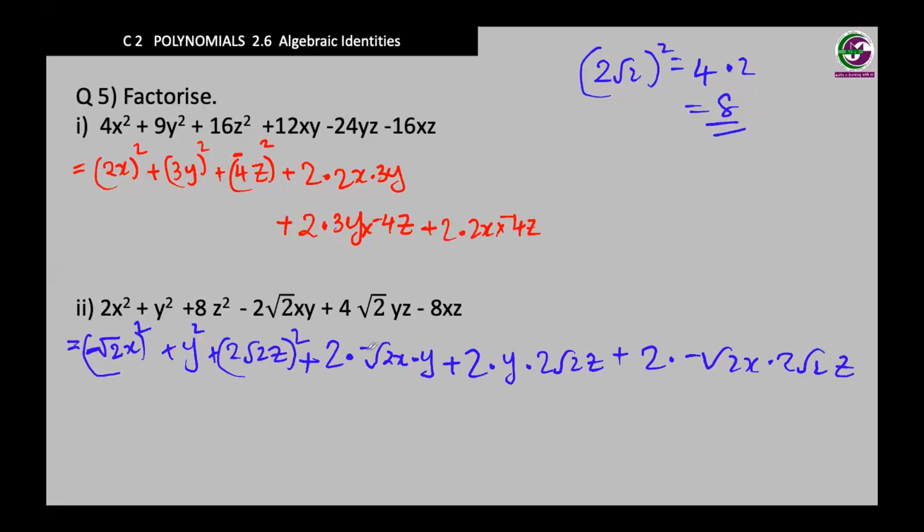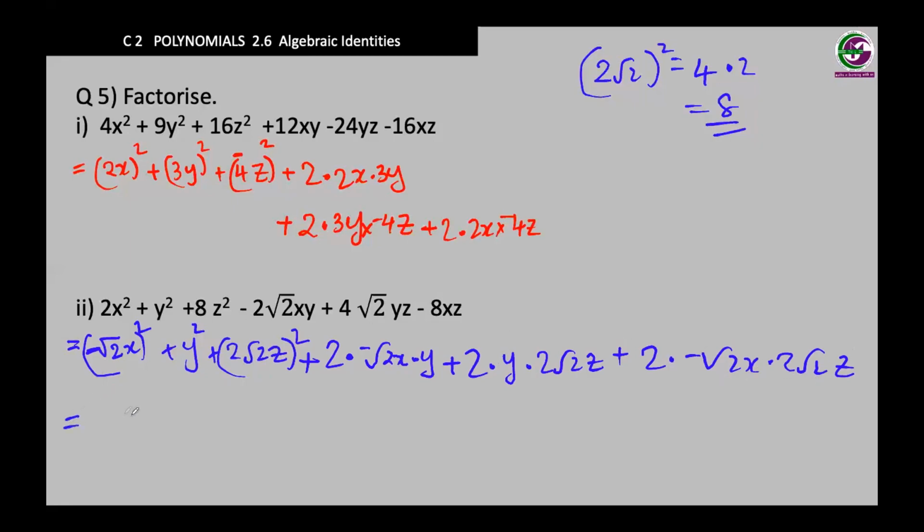Let us see. Negative, which is here, 2 root 2 xy, correct. And here, 2 times 2 is 4 root 2 yz, correct. And we have a negative, it is here. And 2 times 2 is 4. Root 2 times root 2 is 2. So 4 times 2 is 8 with x and z.